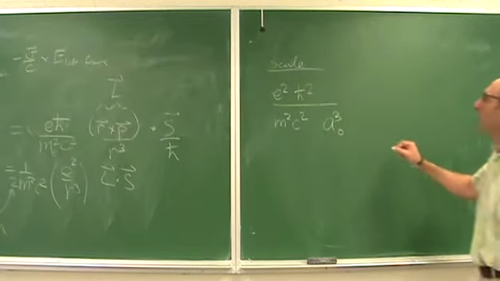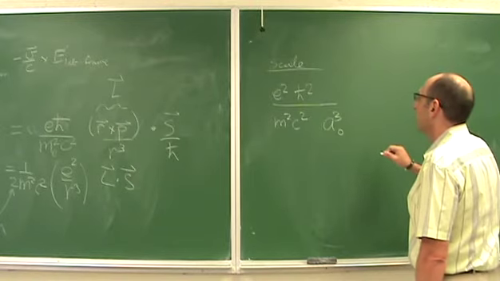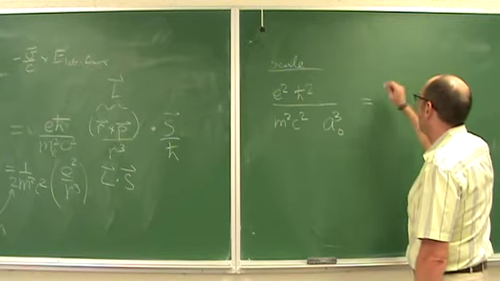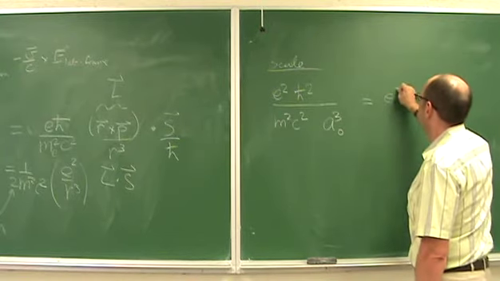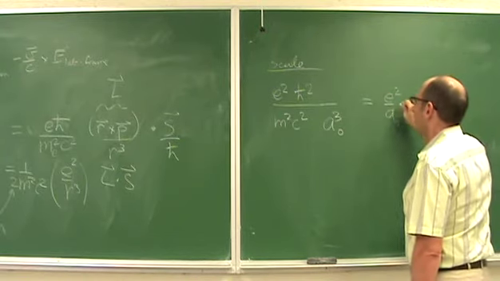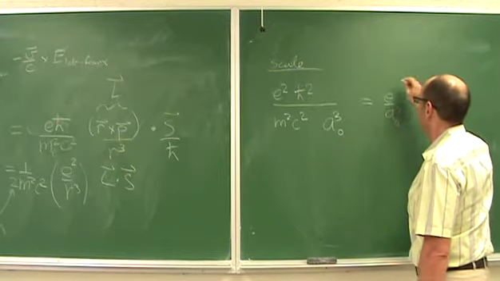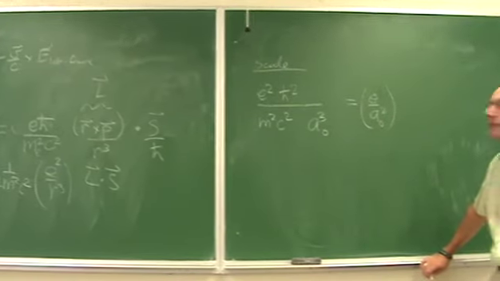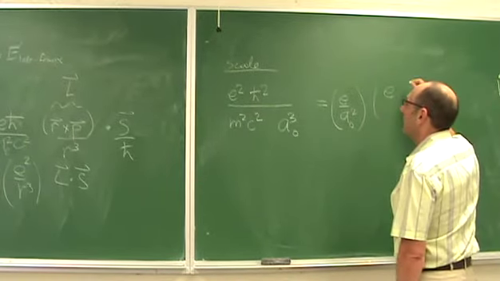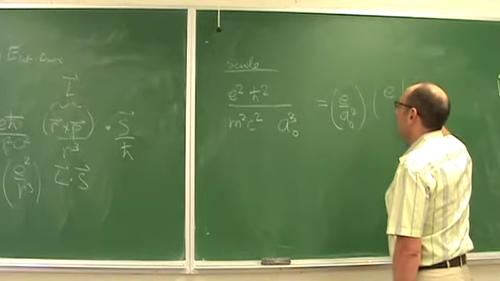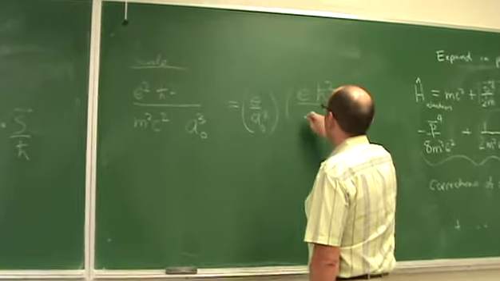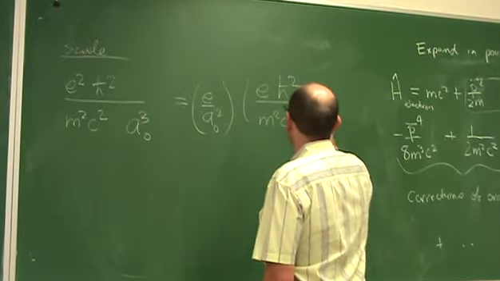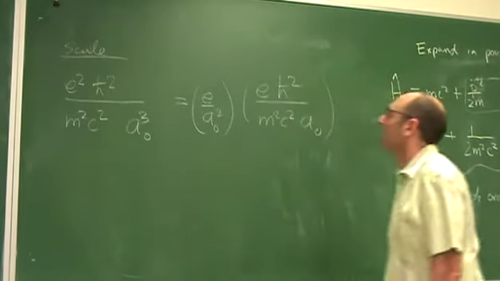Okay, so what do I have here? I have e squared over a naught squared. That's the Hartree, right? Then I have h bar squared, m squared c squared, and another a naught over here.